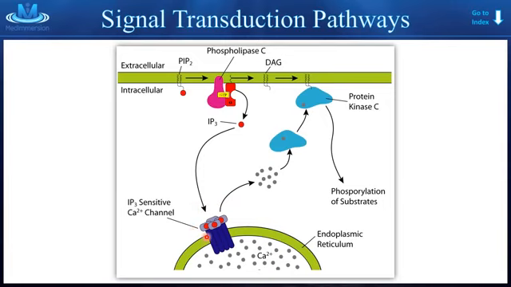This releases calcium, and calcium has an effect on a lot of different things in the cell. DAG, on the other hand, stays in the membrane because it still has those hydrophobic chains or tails, which keep it anchored to the membrane. DAG helps to activate protein kinase C, and protein kinase C can phosphorylate other proteins or substrates, and the signal process is perpetuated. Okay, cool.